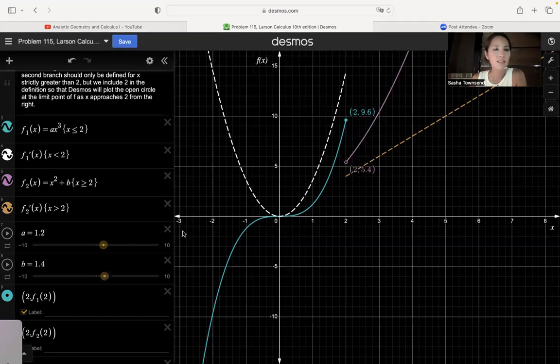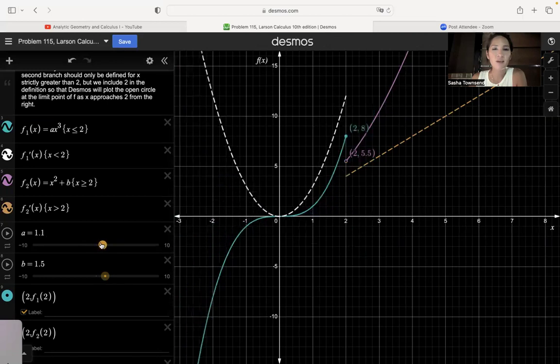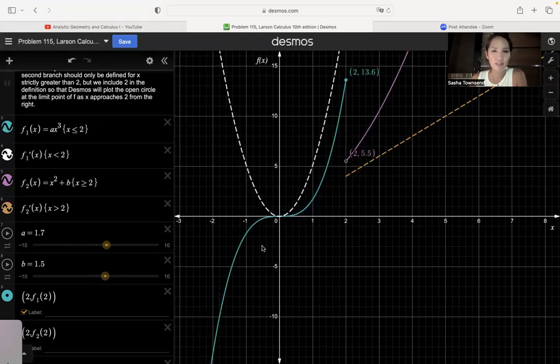So the slope stays the same, but the function value changes if we move b. But when it comes to changing a, that factor that's multiplying x cubed, the function value and the derivative itself, the derivative being the dotted line and the function being this blue line, they both change as a changes.